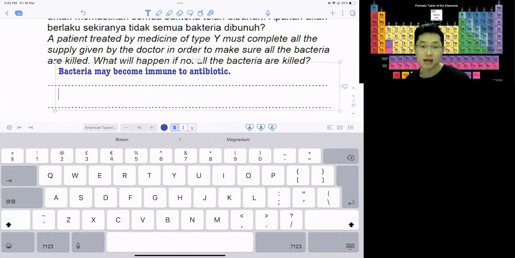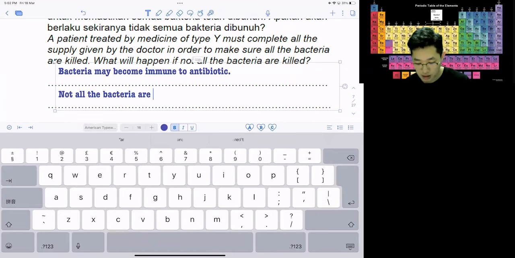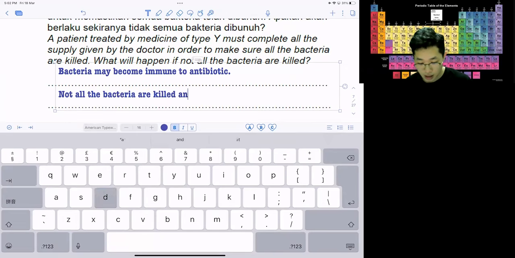Okay, and then since they want 2 marks, right? Not all the bacteria are killed, and the disease may recur.